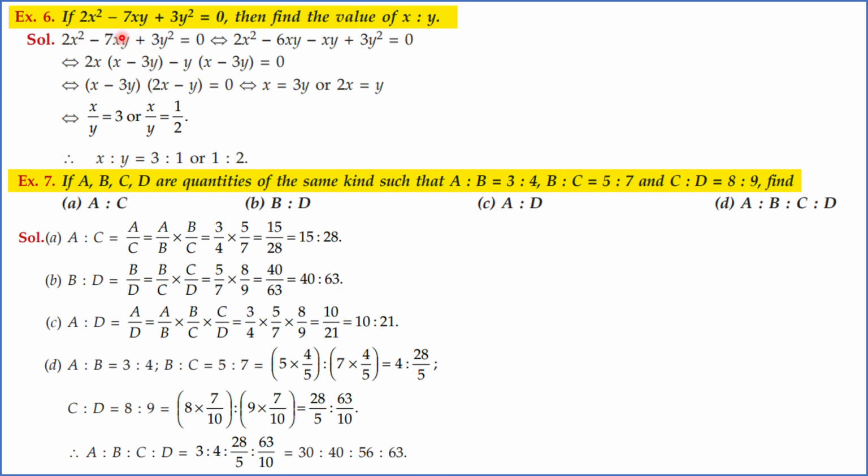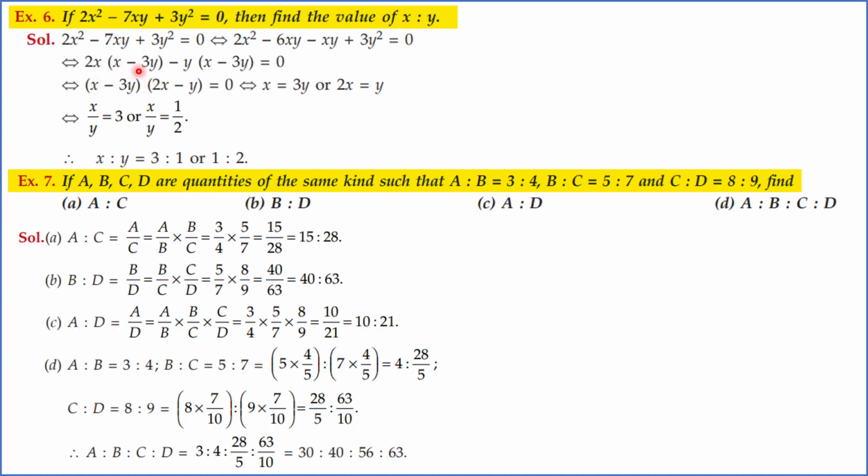If 2x square minus 7xy plus 3y square is equal to 0, then find the value of x is to y. Given 2x square minus 7xy plus 3y square equal to 0, that implies 2x square minus 6xy minus xy plus 3y square equal to 0.